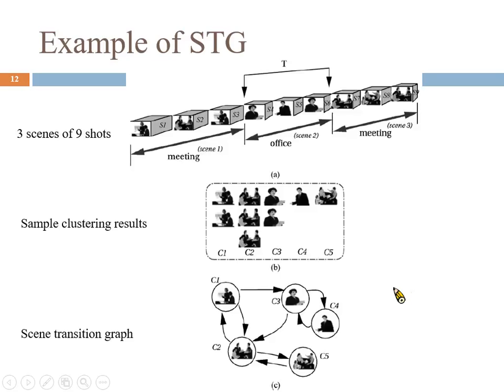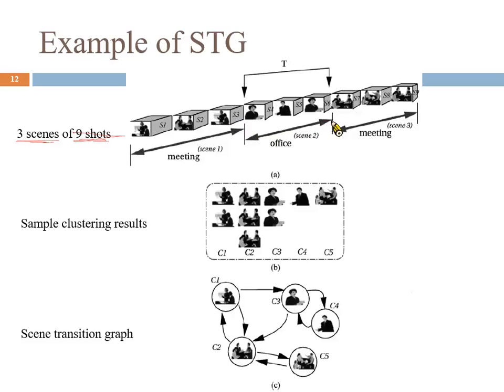So here is an example. Assume that we have a video that consists of 9 shots, and these 9 shots belong to 3 scenes. We can see in this video, at first there is a meeting. This is the first scene, and it consists of 3 video shots.